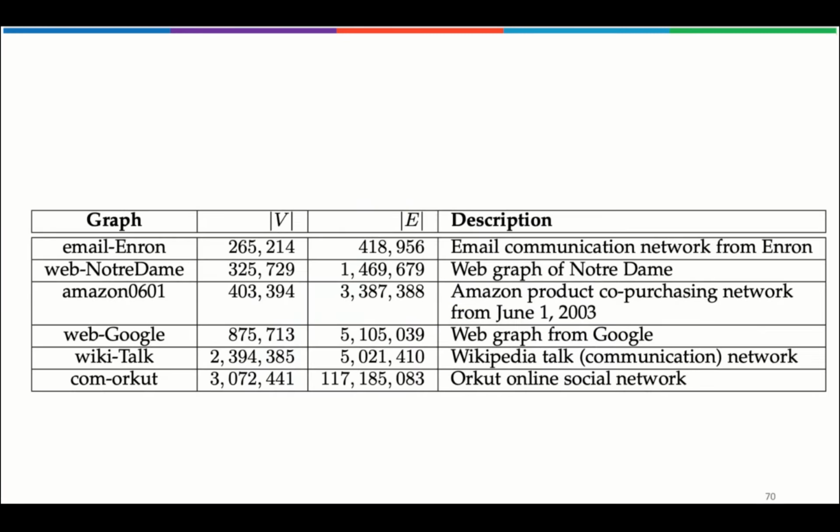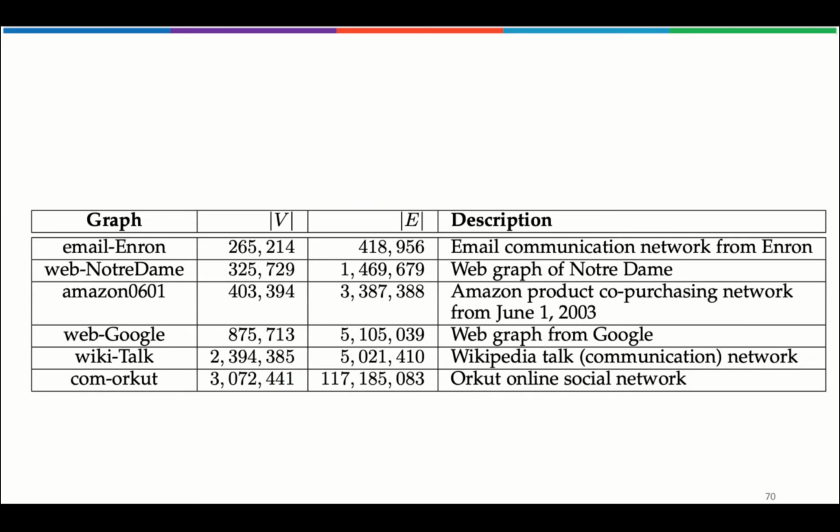We took several data sets, for example, two with 17 million edges, which is really huge, and we carried out experiments. Our performance was really good for all of them.